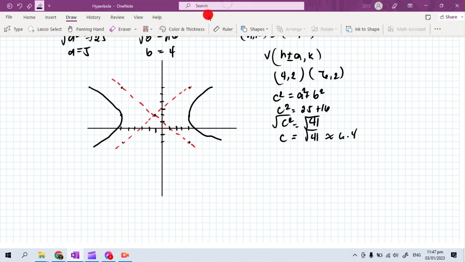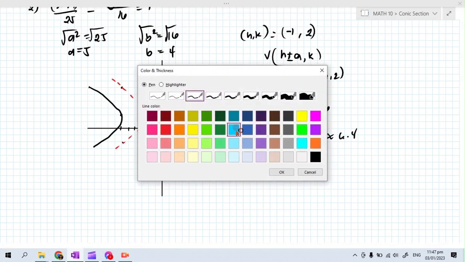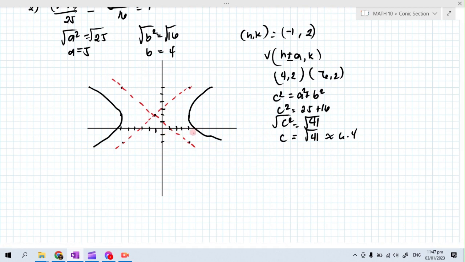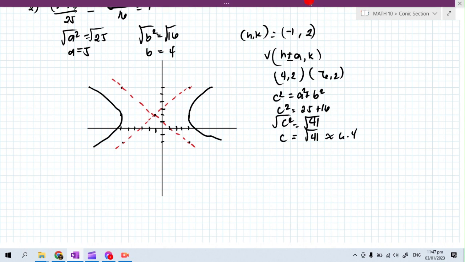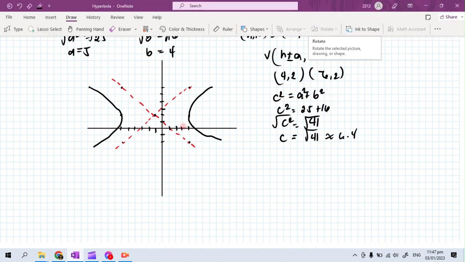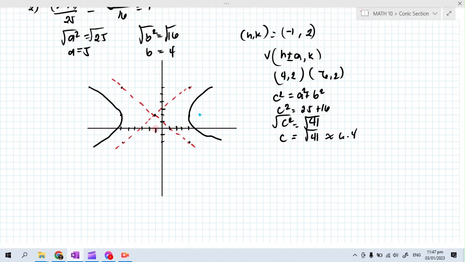So for plotting, our foci will be around 6.4 from the center, so 5.4 around here, and of course around here. There we go. That's our foci.